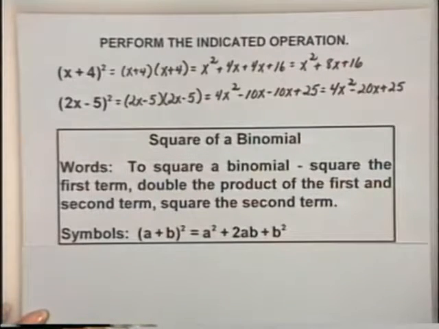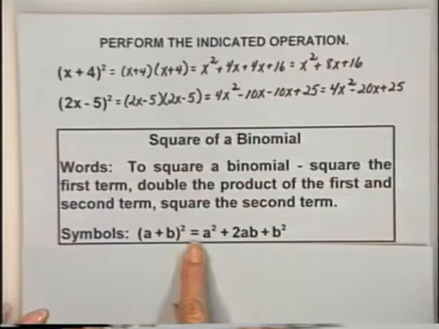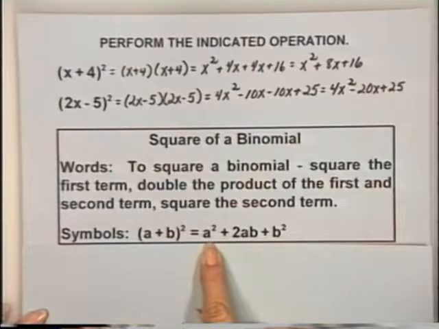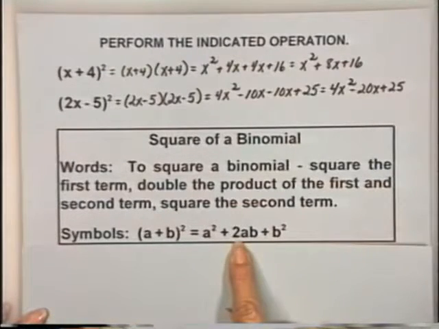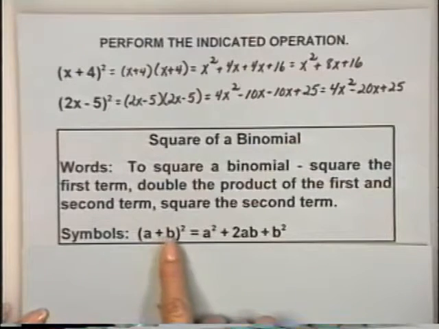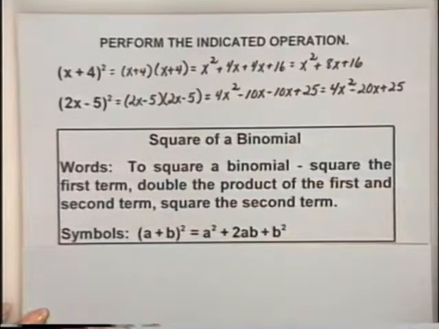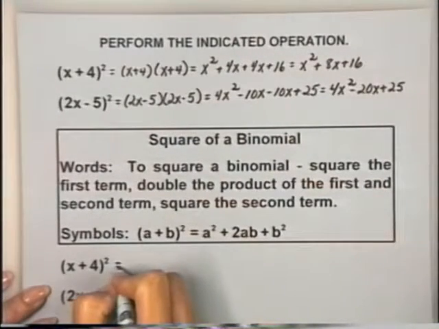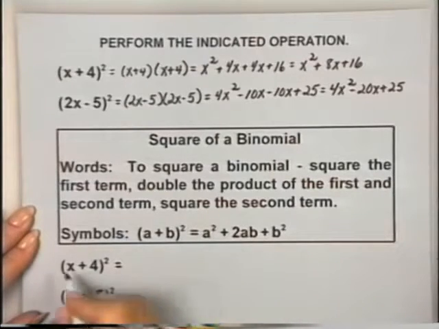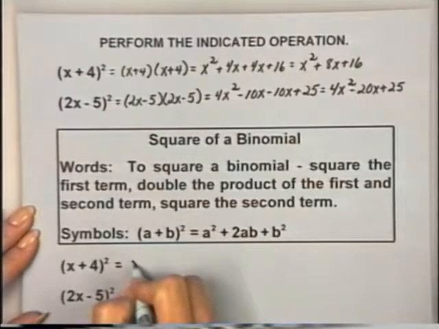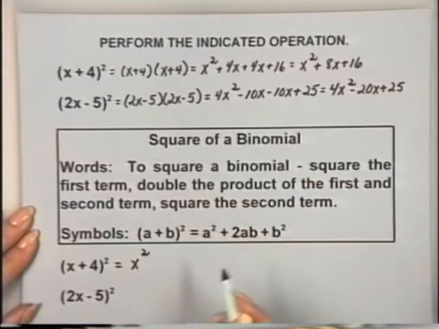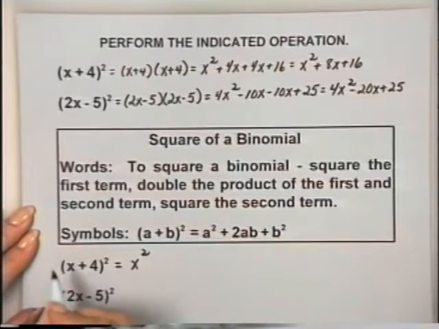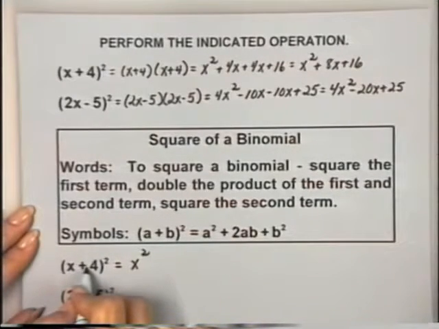In symbols, if I have a plus b squared, I square the a. I say 2 times the product of a and b, and then I square the b. Now let's rework those problems and let's use the shortcut. If I want to square x plus 4, I square the first term. I'll get the sign for the middle term by saying a positive times a positive.